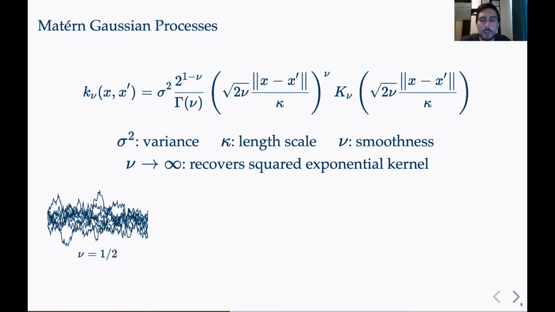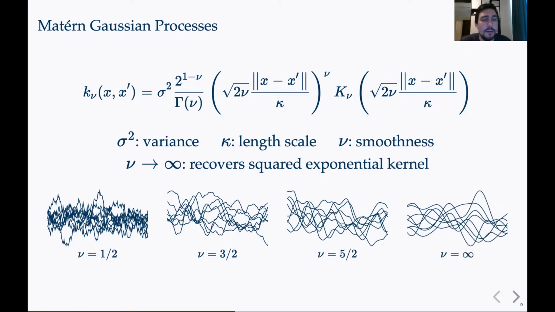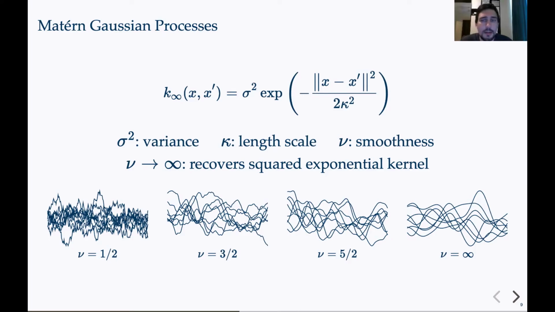For nu equal to 1/2, the Gaussian process turns out to be continuous but non-differentiable, and as nu gets bigger, the functions are more and more differentiable, and they're infinitely differentiable in the limit when nu tends to infinity. This is the squared exponential limiting case kernel. This is the famous kernel on its own, but we consider it as a special case of the Matérn family.